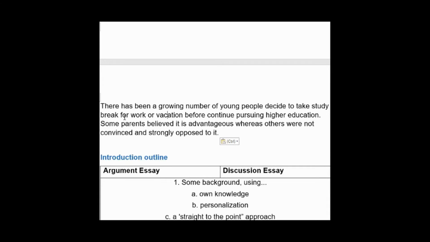Now, as for the mistakes, well, here. So we either need a relative pronoun, so there has been a growing number of people, there's been a growing number of young people who have decided to take study breaks for work or vacation.